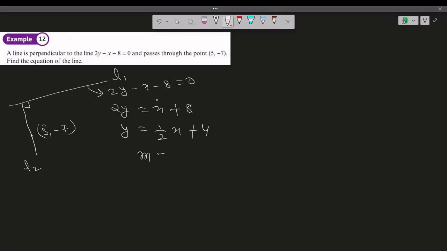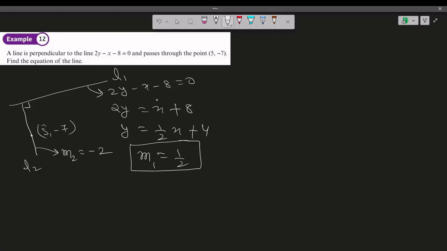What about the gradient? The gradient is 1 by 2. If I compare it with y equals mx plus c, I get m as 1 by 2. So the gradient of line L1 is 1 by 2. What about the gradient of line L2? As per the shortcut, m2 will be: change the sign, so it is positive, it will be negative, and take the reciprocal. So it will be minus 2. The reciprocal of 1 by 2 is minus 2.